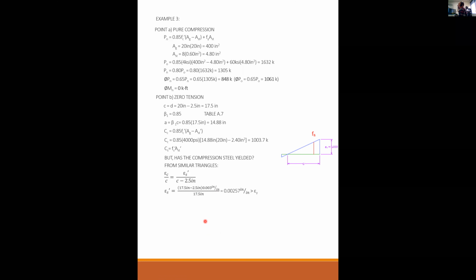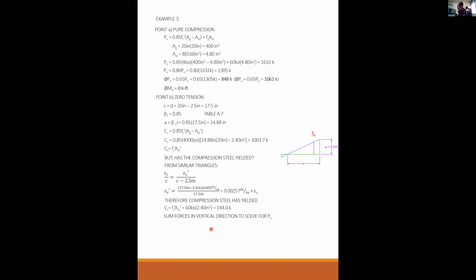That is greater than the yielding strain. Therefore, the compression steel has yielded. Therefore, Cs, the compressive force in the steel, is f prime s times Ast prime, which is 60 ksi times 2.4 inches squared, 144 kips.